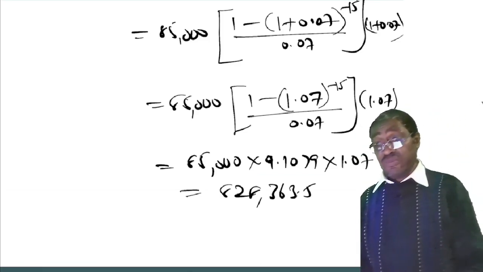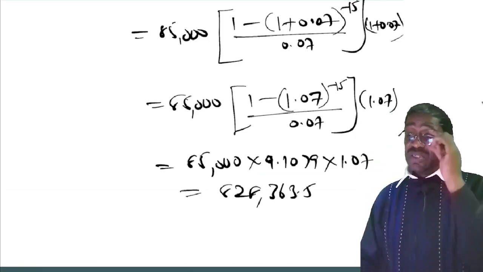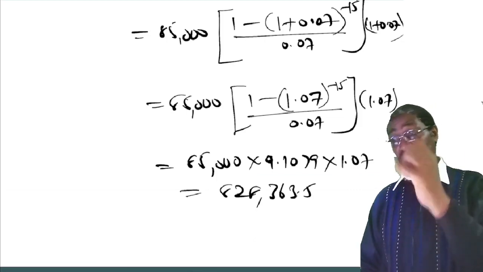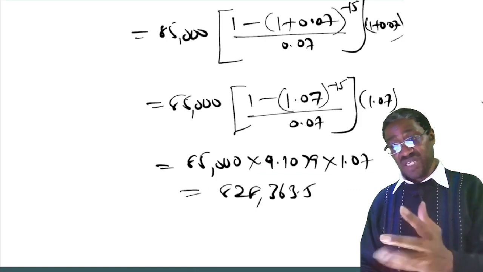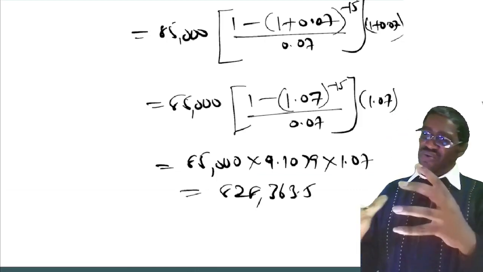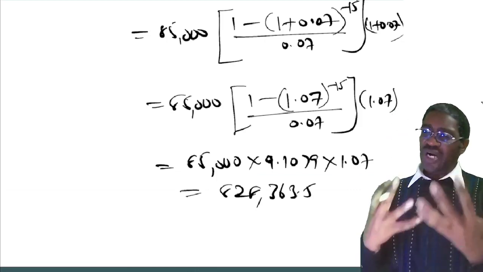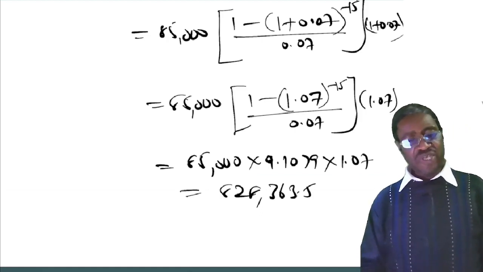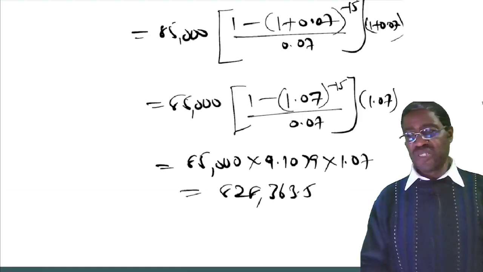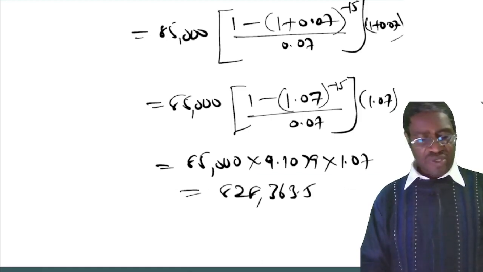So we have discussed today the present values of annuities. We have done several examples, either annuities due or ordinary annuity at the present value. I want to develop the topic slightly now.